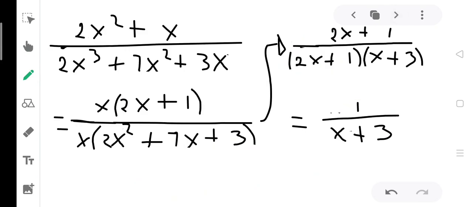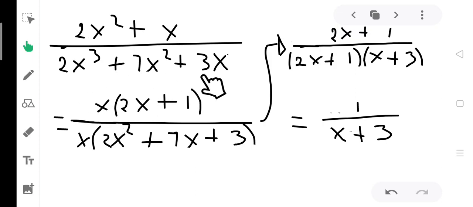Okay, another one. We have (2x squared plus x) all over (2x cubed plus 7x squared plus 3x). In the numerator, we can see a common monomial factor, which is x.